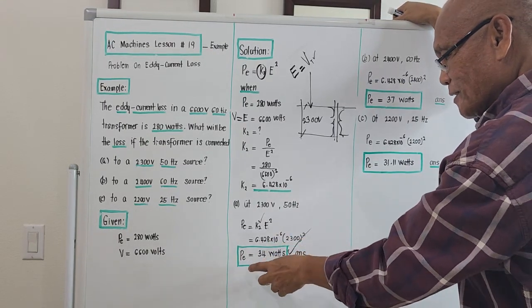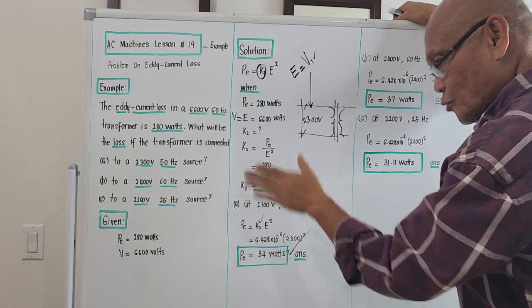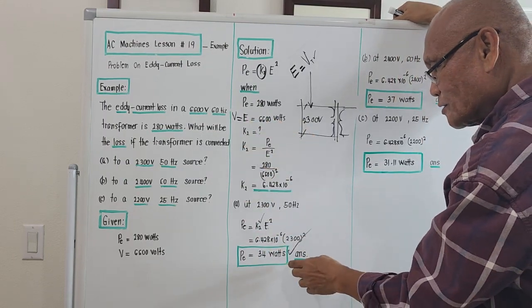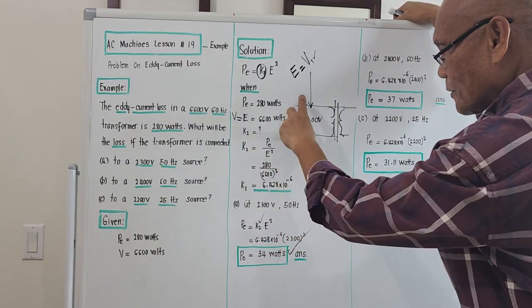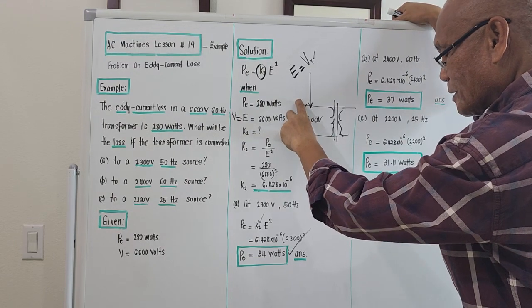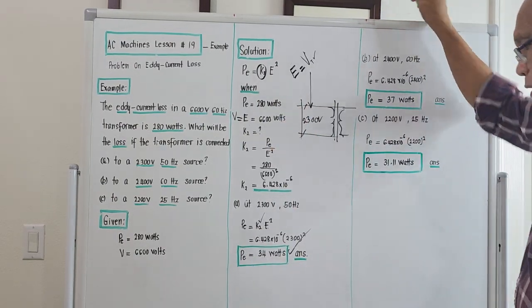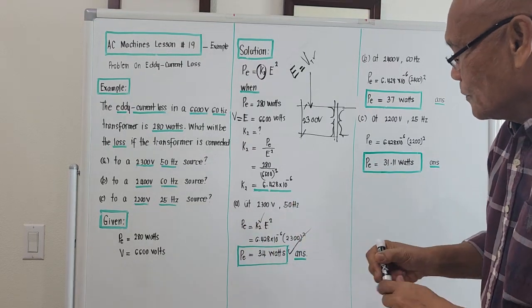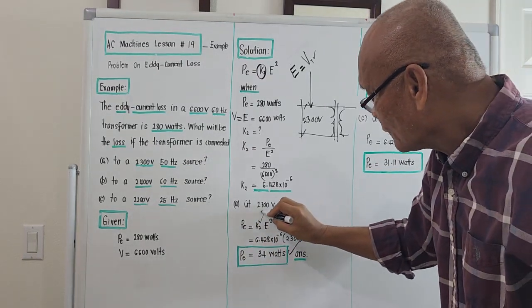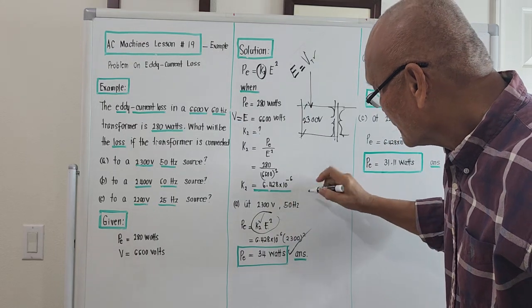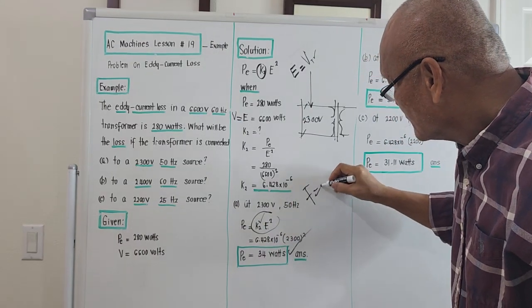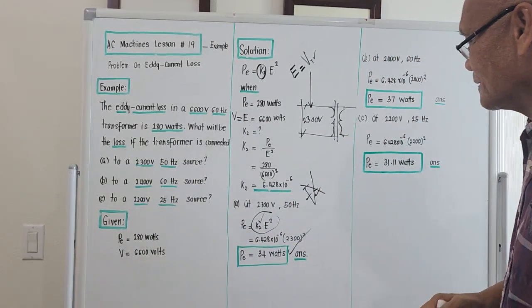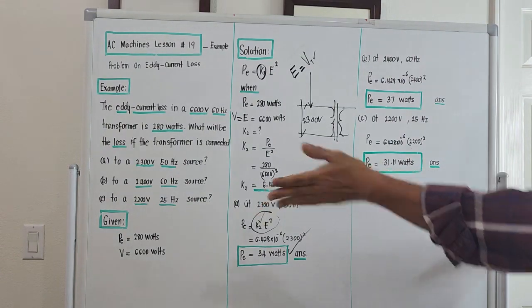So the eddy current loss will be lesser. It is 34 watts when the applied voltage is 2300. As you can see, the eddy current loss is not affected by frequency because in the formula there is no frequency.